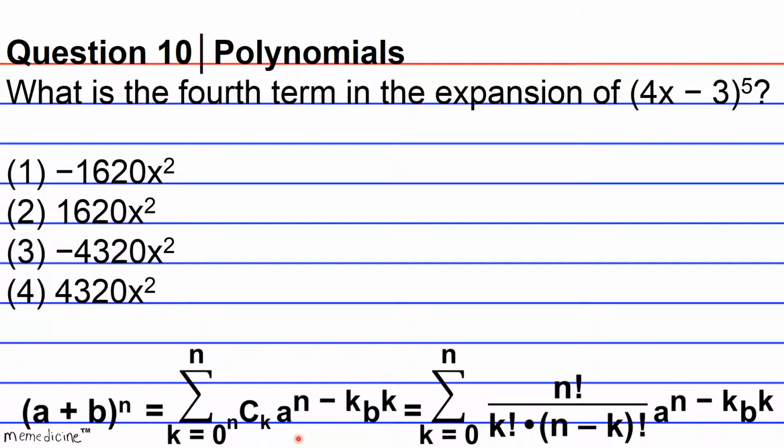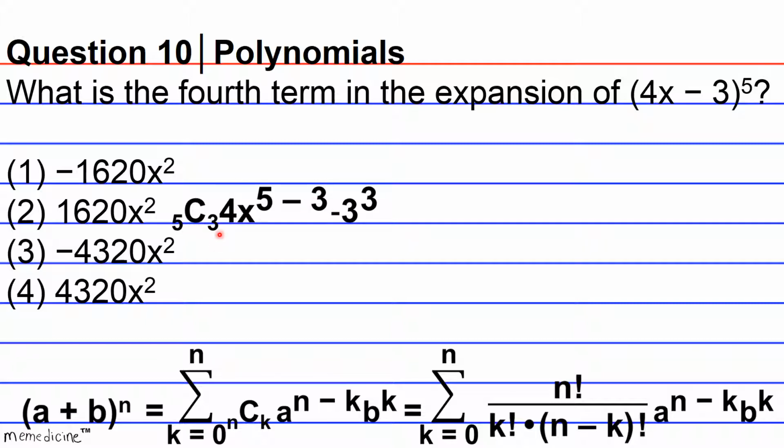All right, so again, n is 5, k is 3, the fourth term, a is 4x, and b is negative 3, so we'll plug all that in.